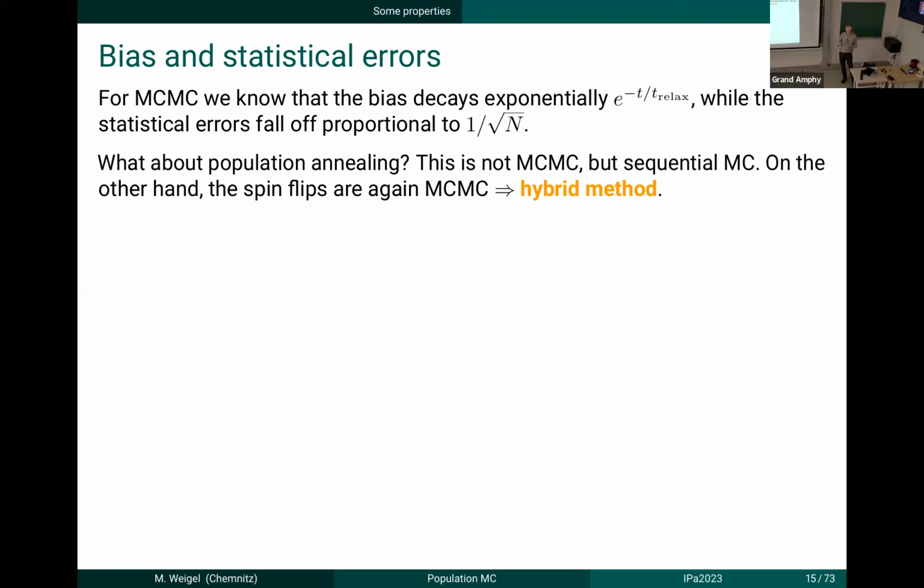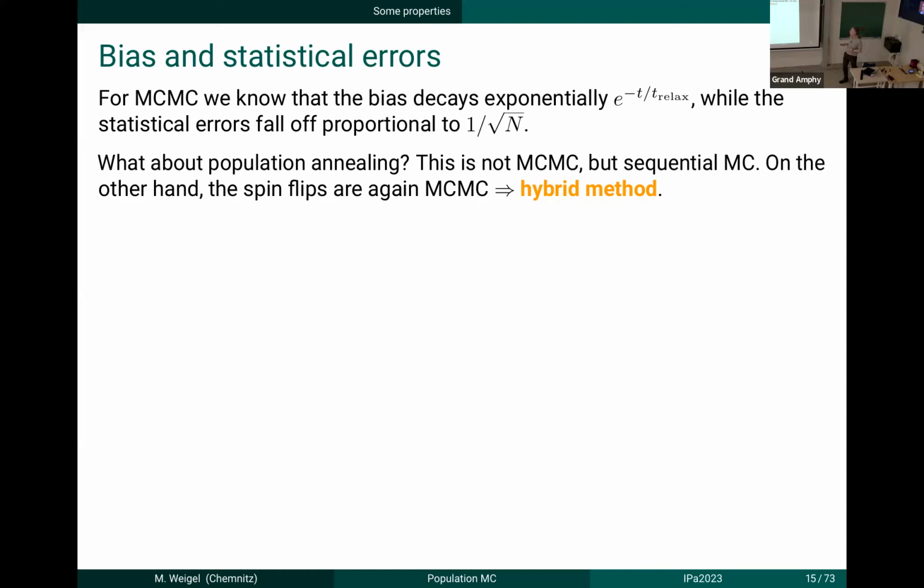So it's not like a Markov chain in temperature. In temperature, it's a so-called sequential Monte Carlo algorithm. But inside of it, at least in the standard cases, I mean, this is also not a necessity, but often you would use a Markov chain algorithm to do this, the particle updates or spin updates or whatever it is. So it's a little bit of a hybrid approach in some sense.